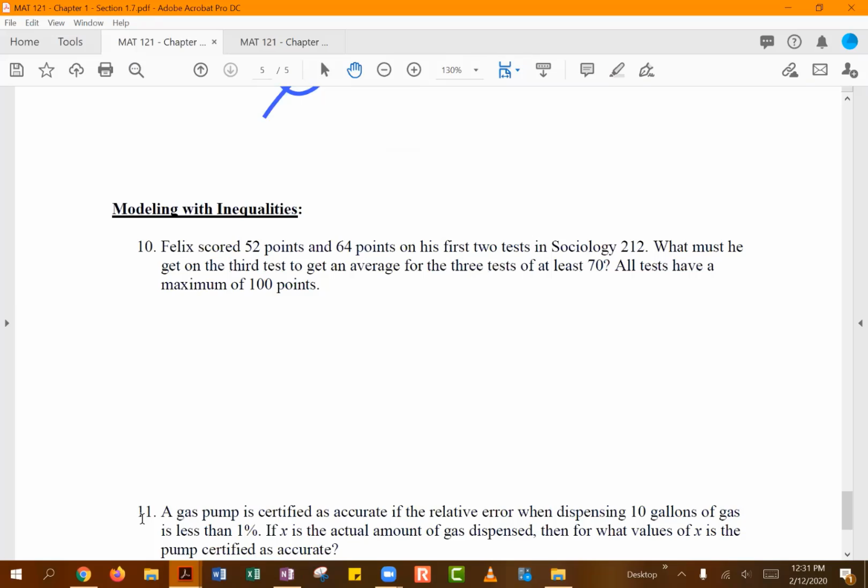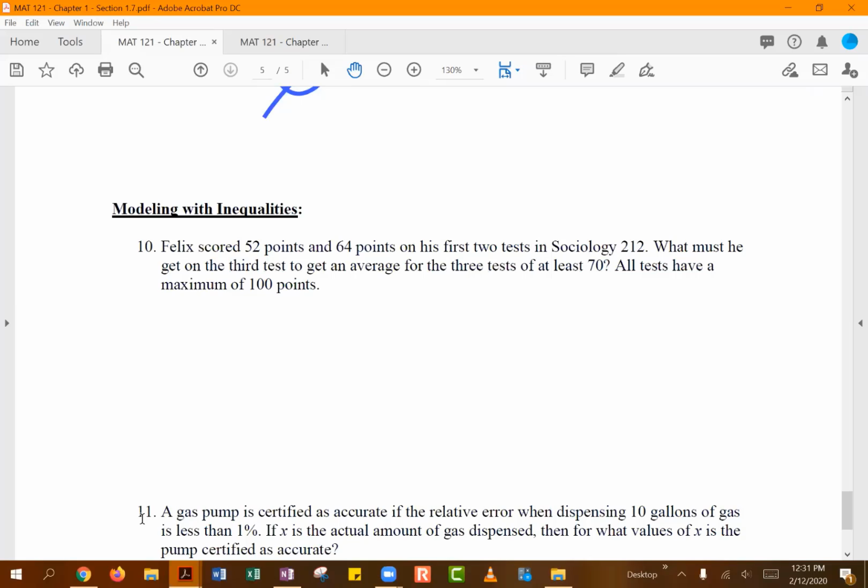Greater than or equal to, or greater than 70? Which one should it be? At least 70, so it has to be greater.